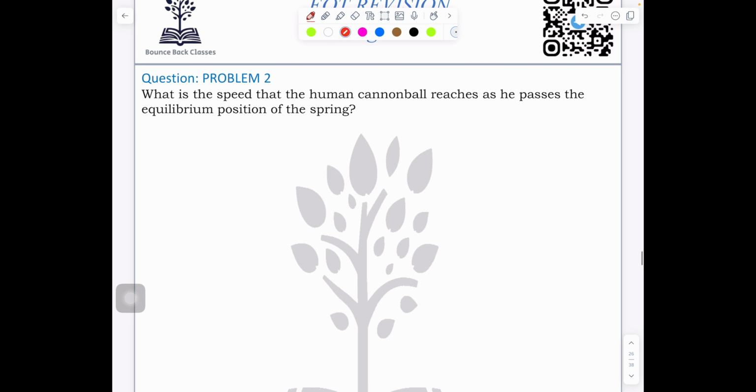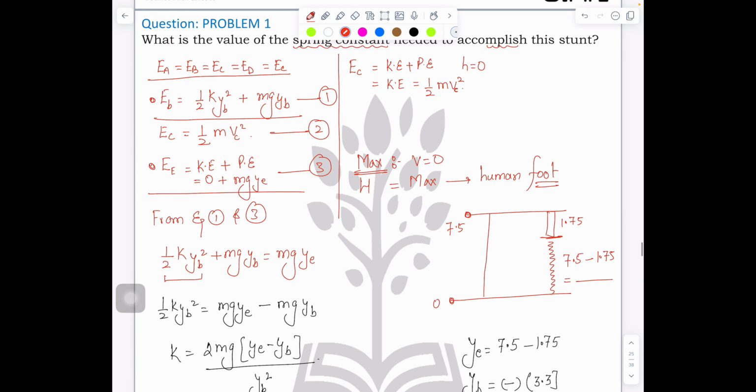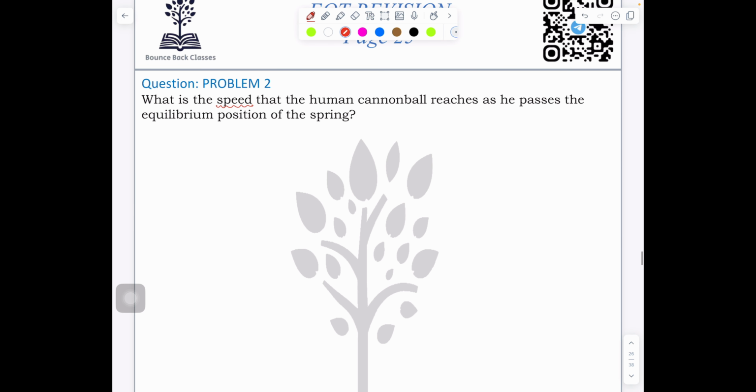What is the speed? For the speed, just take any two equations. Let's say 2 and 3. From equation 2 and 3, can I say half mvc square should be equal to mgye?